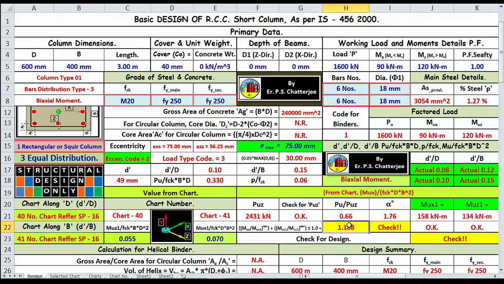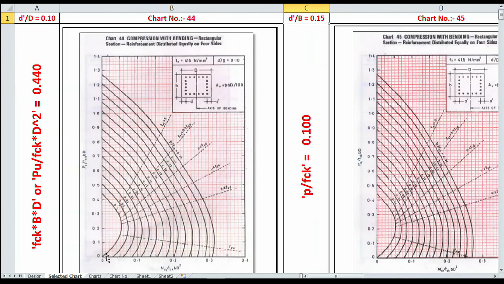This value should be 1. 0.08. We require this value 0.08 according to the chart. Look here, when we put M15 grade of concrete, we get a warning because M15 grade of concrete is not suitable for this type of construction as per our code. e by fck 0.1.